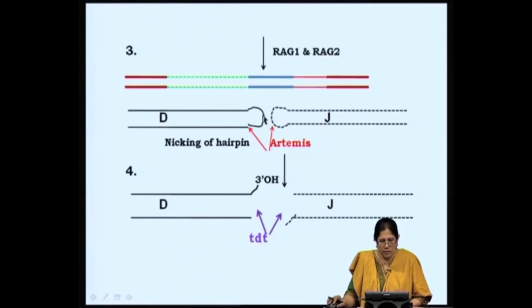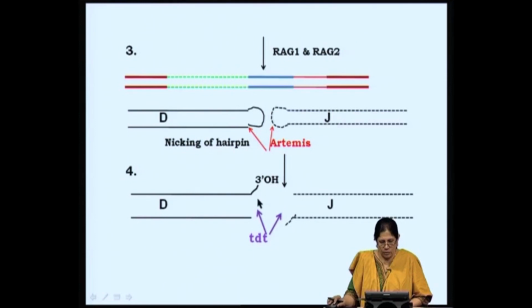These hairpin structures in turn are recognized by specific endonucleases called Artemis, which can cut any part of the hairpin structure because neither the recognition nor the cutting is specific.